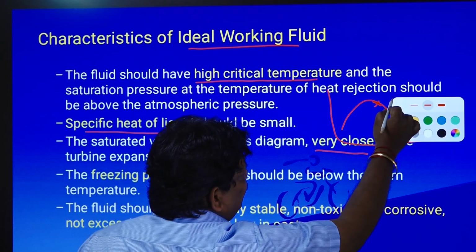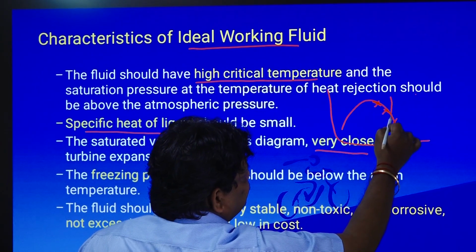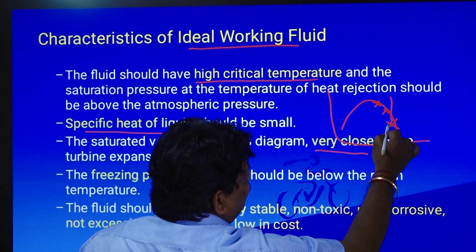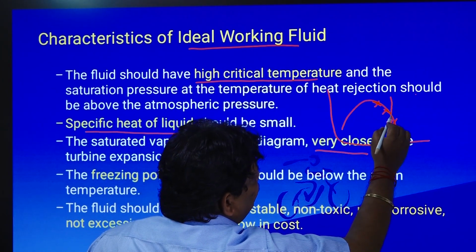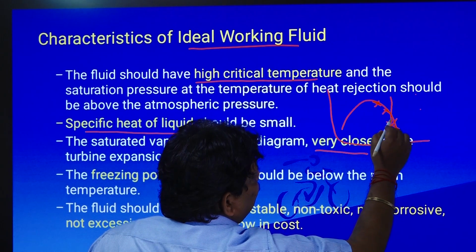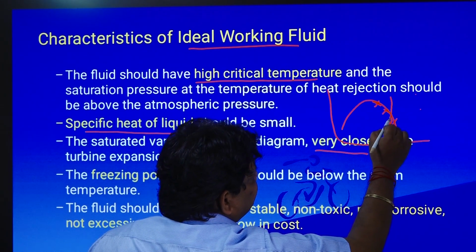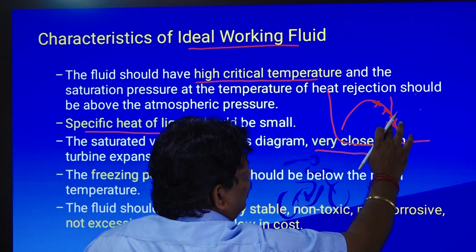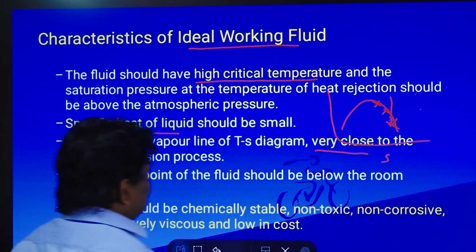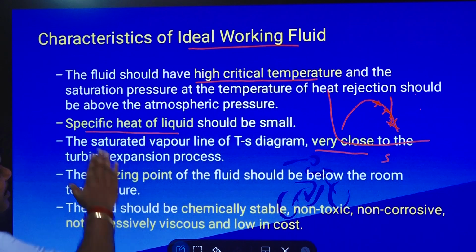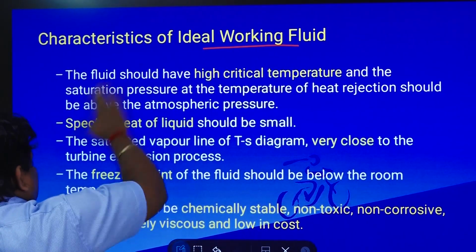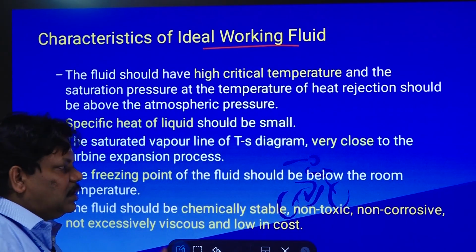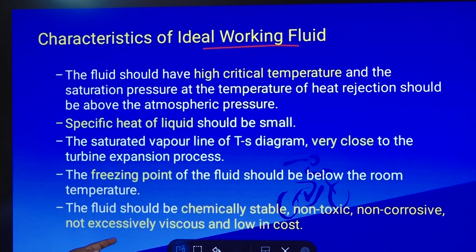When the steam at superheat condition is expanded isentropically, the process should end either near the dry saturated line or at the dry saturated line. The freezing point of the fluid should be below room temperature. The fluid should be chemically stable, non-toxic, non-corrosive and not excessively viscous, and it should be low in cost.